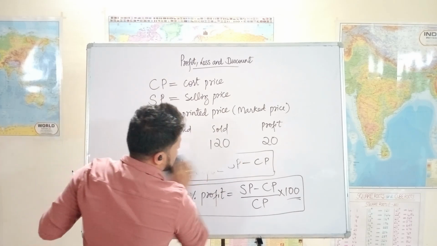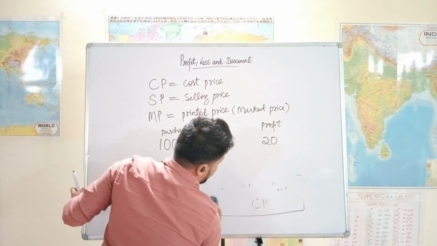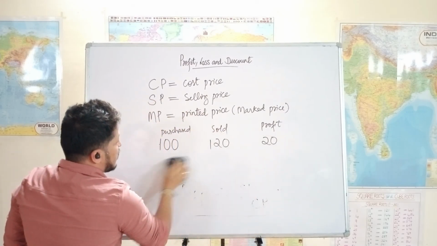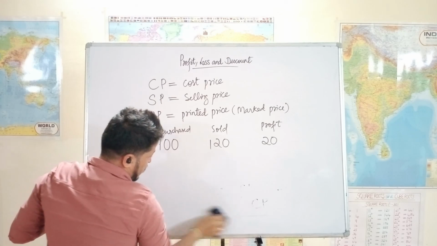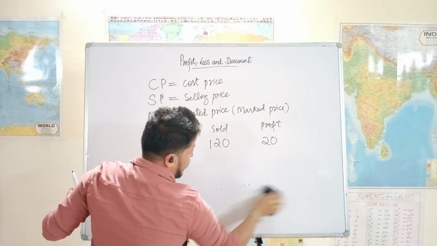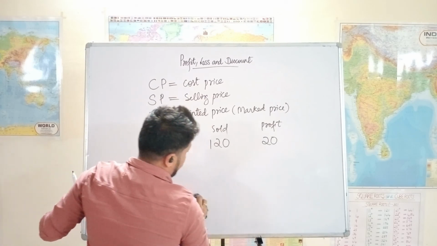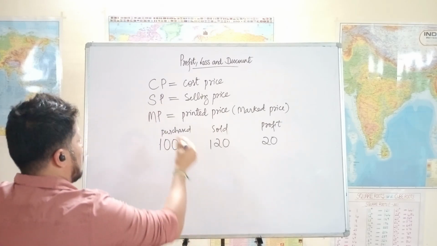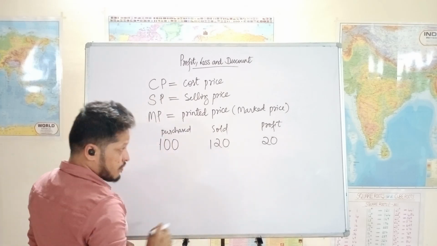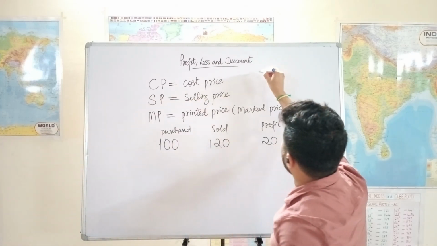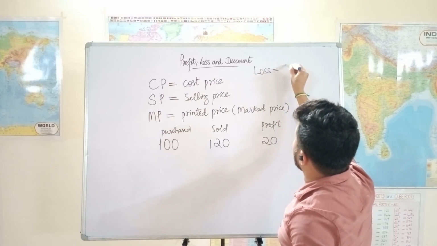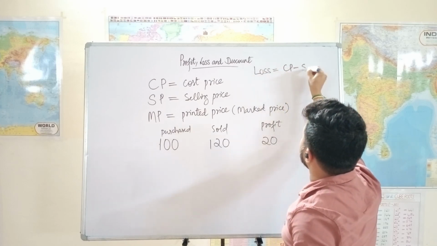Now the same thing if you have to do for loss. Let's find loss percentage now. What is loss? You incur loss when selling price is less than cost price. Like suppose you bought something at 100 rupees and you sold it at less than 100 rupees, then you incur loss. So loss is equal to cost price minus selling price.